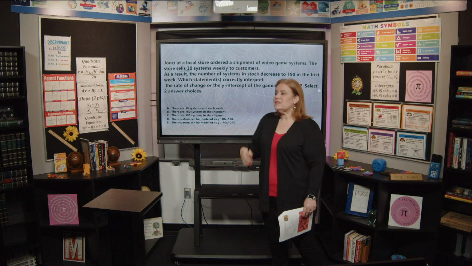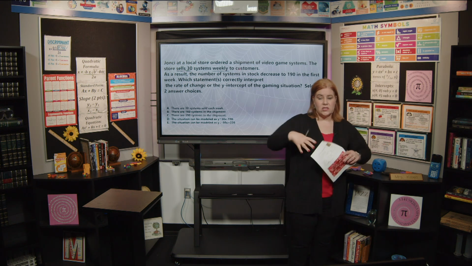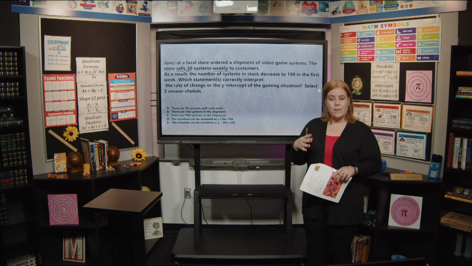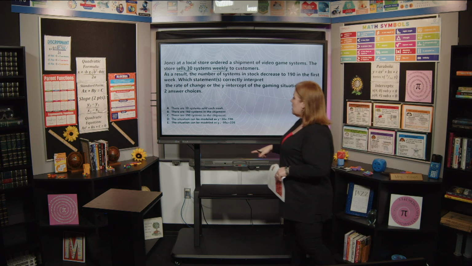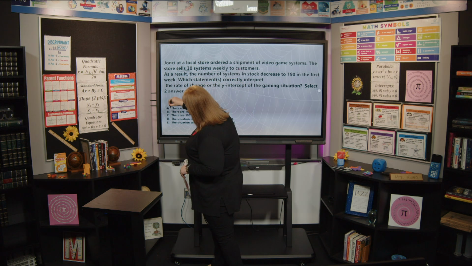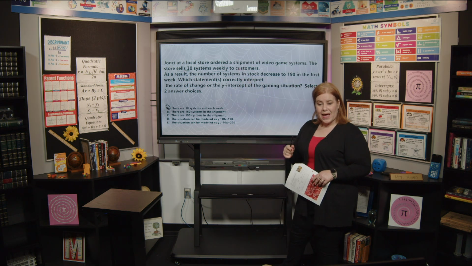So that means if you sell something, are you increasing the amount or are you decreasing the amount that you would have in the store? You're right, you're decreasing. So what happens when I decrease numbers? It's either negative or subtraction. So it says there are 30 systems sold each week. That can be my answer because that is a true fact looking back at the passage.